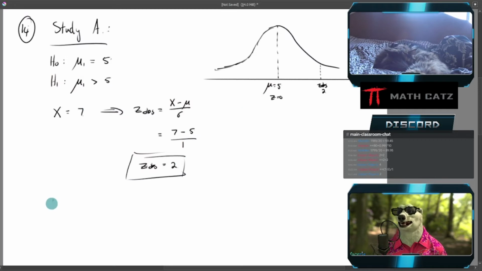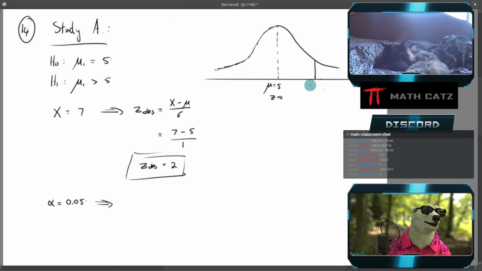So let's write that over here. Alpha of 5%, or the decimal equivalent, means that, well, let's visually see what it means first. One-tailed test. So let's for a moment not be distracted by the observation on the graph, because I don't know how it sits in relation to my observed score, and say, okay, I'm going to have a line here.